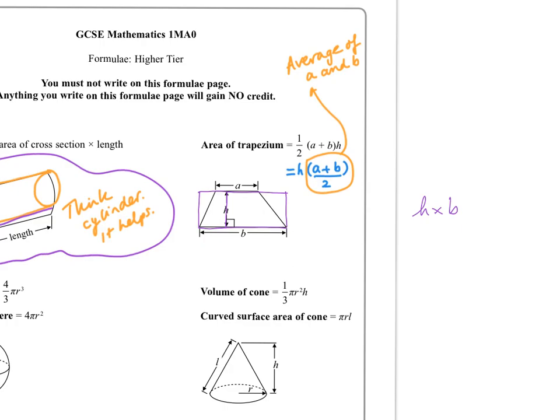And if you looked at h times a would be an area that wasn't enough, then hopefully you can appreciate if I do the average of these, I will get the area that I actually want, and that's always the case with a trapezium. So if you took out a factor of h, you'd get (a plus b) all over 2, which is exactly what you're given here. So keep that in mind.